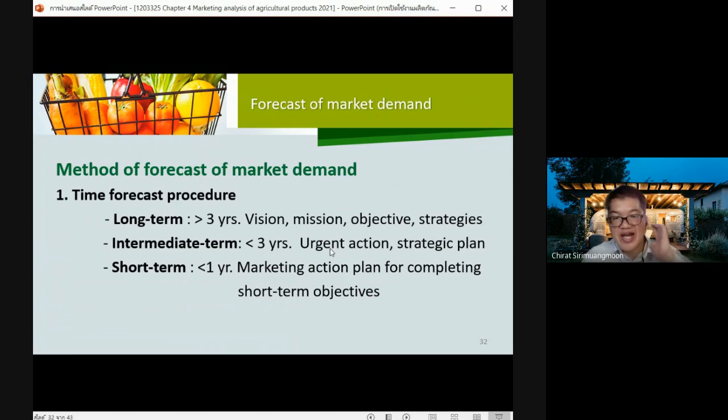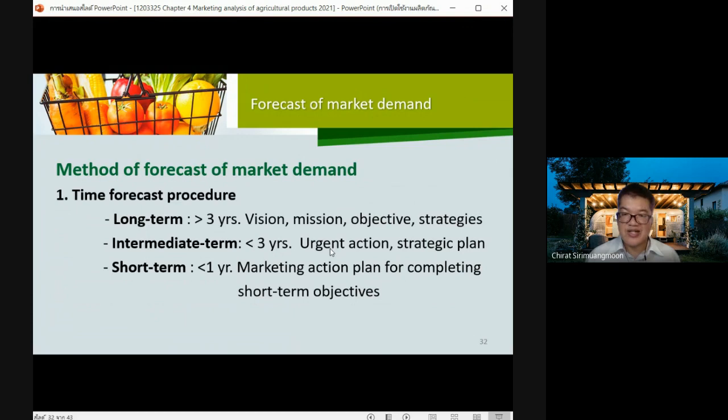The first one is the time forecast procedures, or the plan that you need to use for forecasting. If it's long term, which means more than 3 years, normally it's used for the company vision, mission, objective, and strategies. It's like a long-term process.